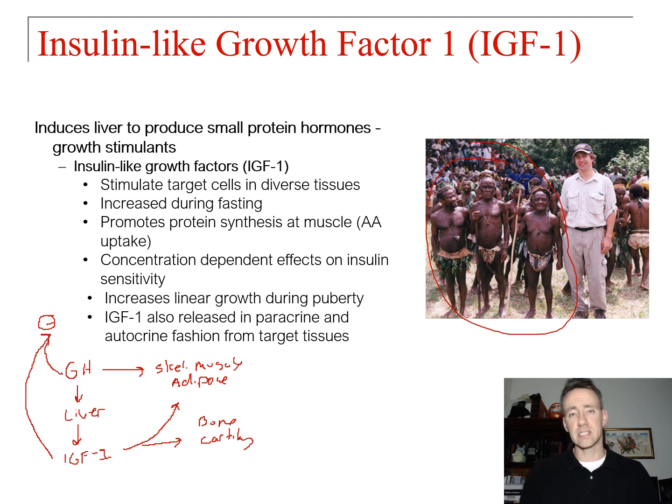When it acts on these other tissues, it increases that tissue's production of IGF-1 locally. And then the IGF-1 that's produced there acts locally in a paracrine or autocrine type fashion, which enhances or carries out the actions of growth and differentiation and so on.